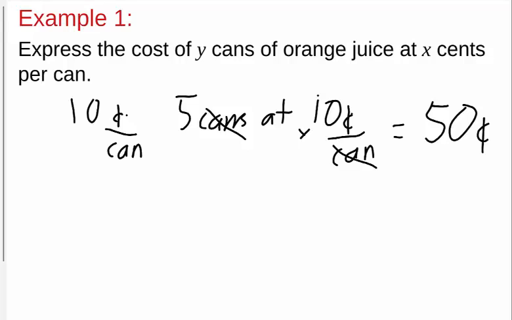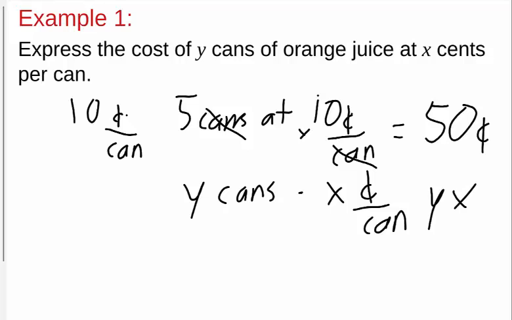So if we take now and say, okay, let's use the variables. Y cans of orange juice, Y cans, times, we'll use a dot here, X cents per can. Or we could say YX, or we could say XY. Either one of those would work. So that's how you do that.